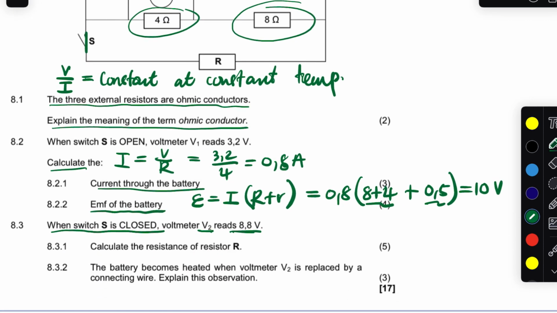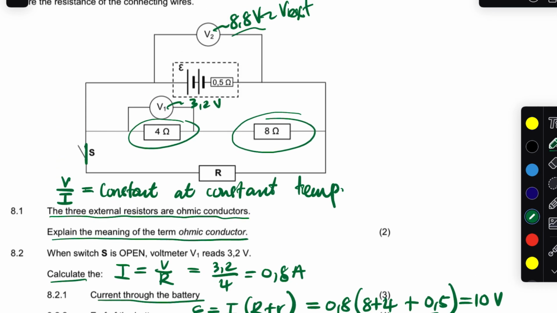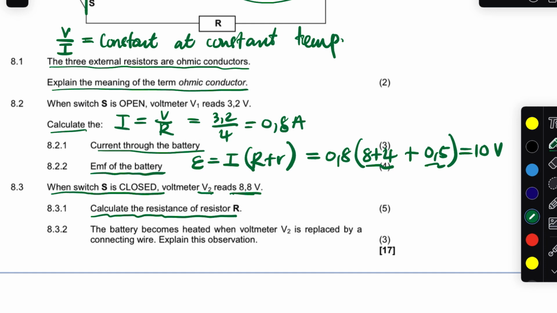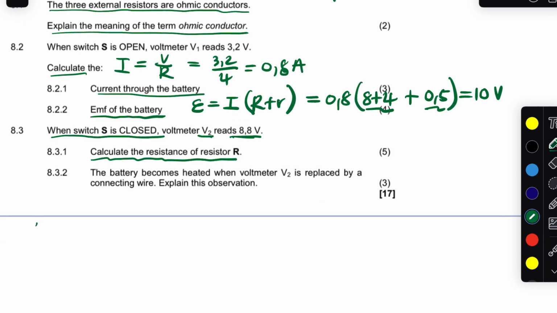Now the question says calculate the resistance R. Remember, the 8.8 is the voltage across the load that is used externally. So what are we going to do? The first thing that I'm going to do, in 8.3.1, is calculate the internal voltage.